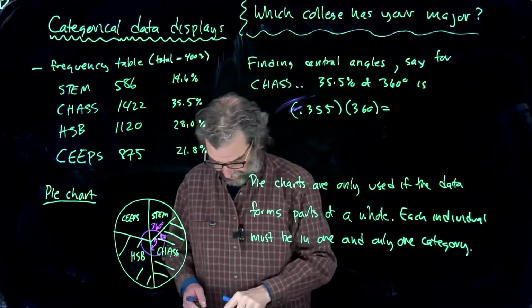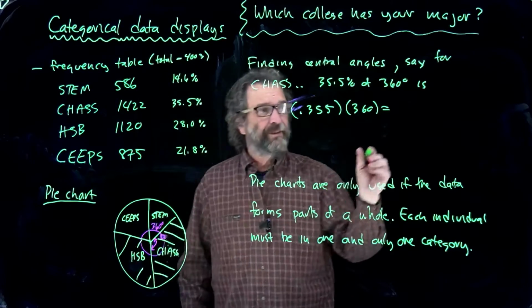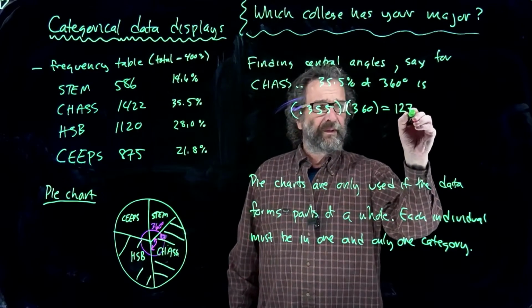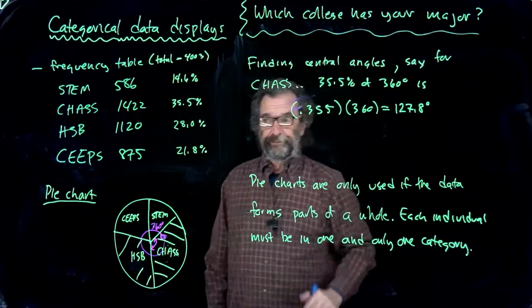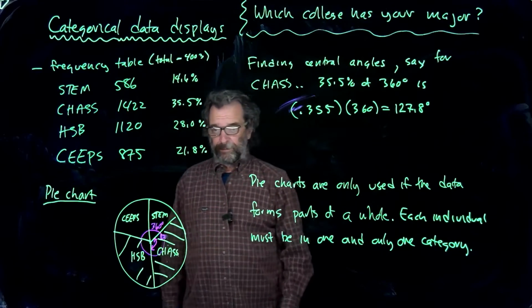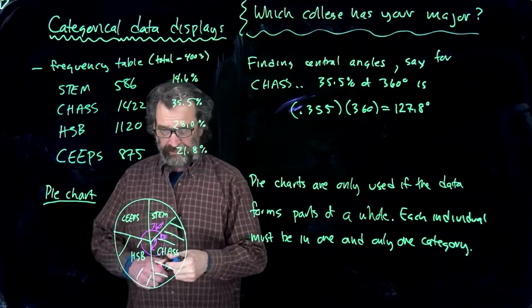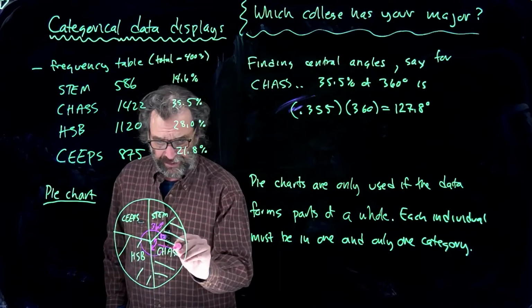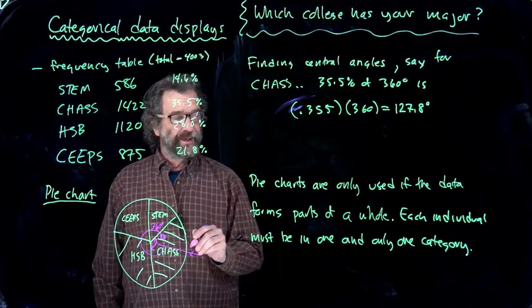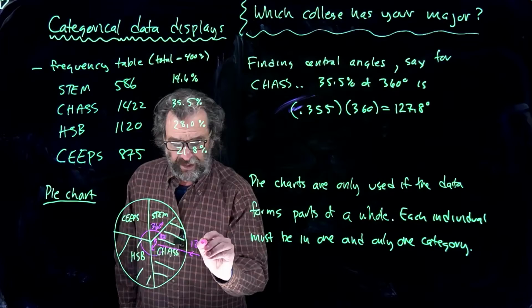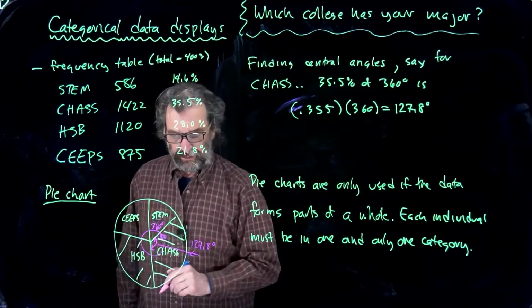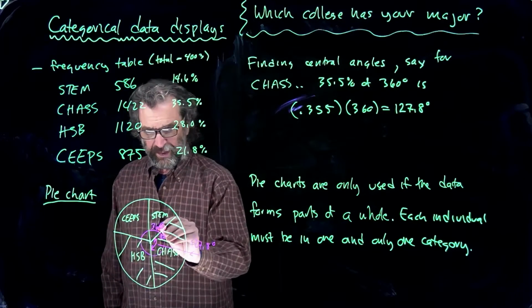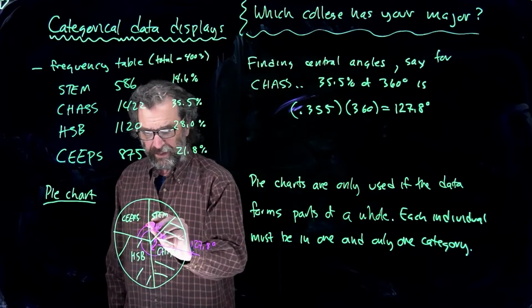Okay, I've got a calculator here. 127.8 degrees. So that purple angle there, and if you had a protractor, you could get a pretty accurate read on it. 127.8 degrees.